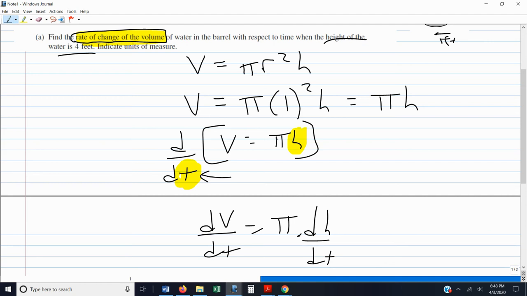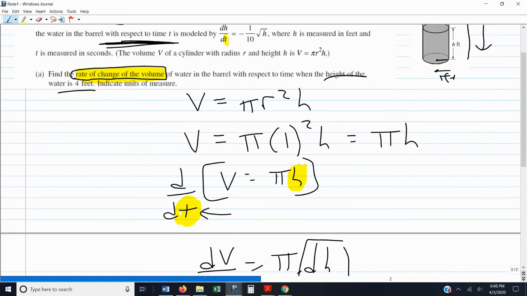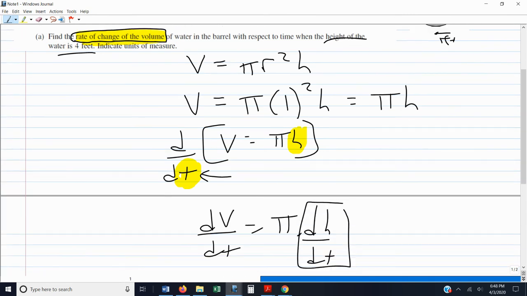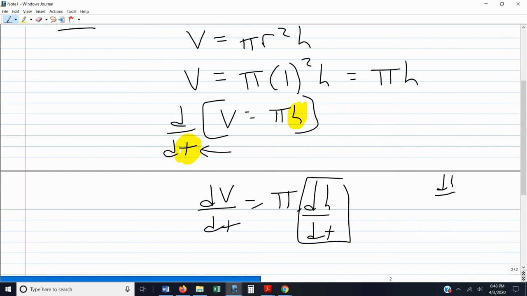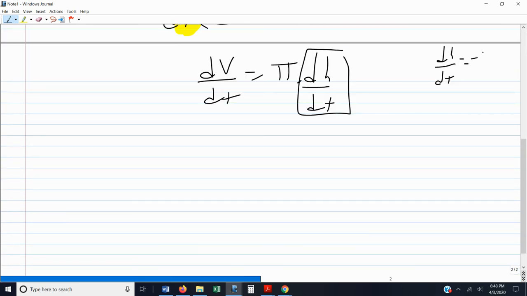Okay, so this is another good time to pause and think about how are we going to figure out dh/dt when the height of the water is 4. And the answer is that it comes from the question. So they gave us in the question stem that dH/dt is equal to -1/10 square root of h.